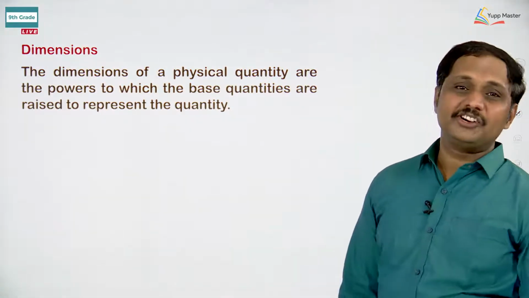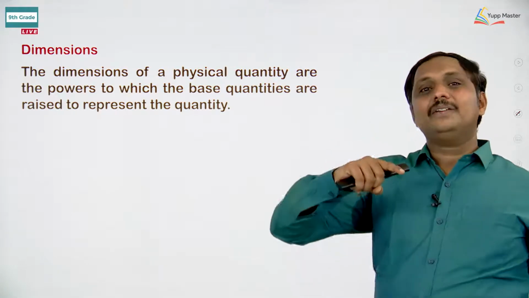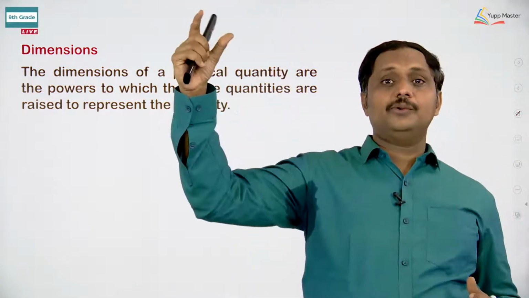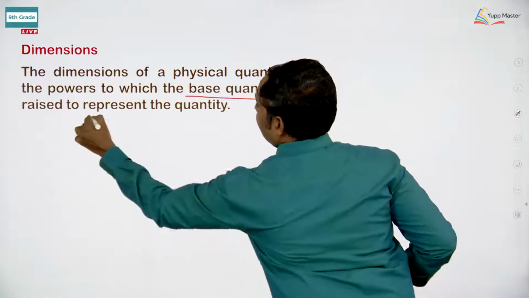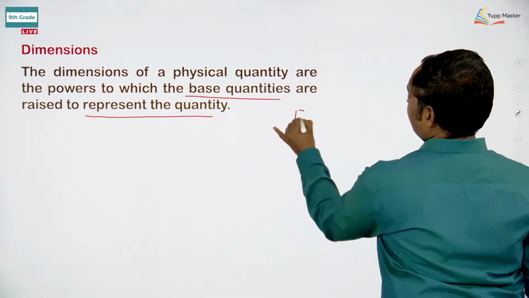Dimensions. What about the dimension? The dimensions of a physical quantity are nothing but the powers to which the base quantities are raised. The base quantities are raised to represent the quantity. Suppose you know a base quantity. What is a base quantity?